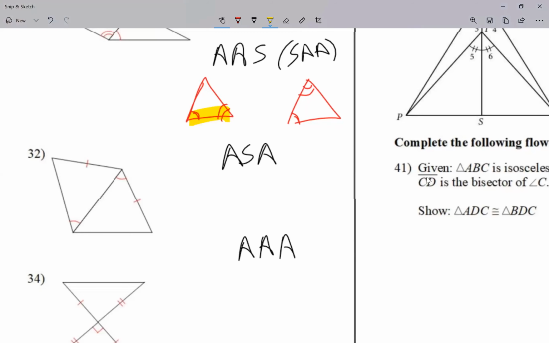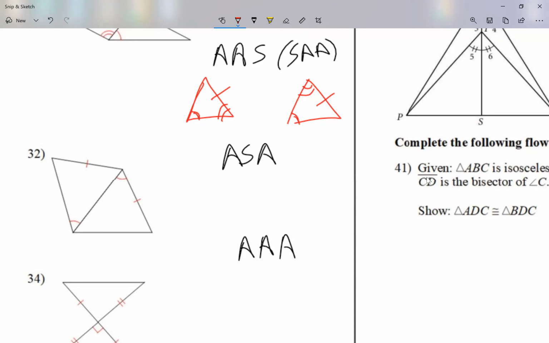Look at the 2 angles that I mark. If I mark that side, the side is in between the angles. But I don't want the side to be in between the angles, so I'm gonna mark another side, this one. And in my other triangle, I'll mark this side. So I'm marking 2 angles and a side, but the side is not in between my angles.